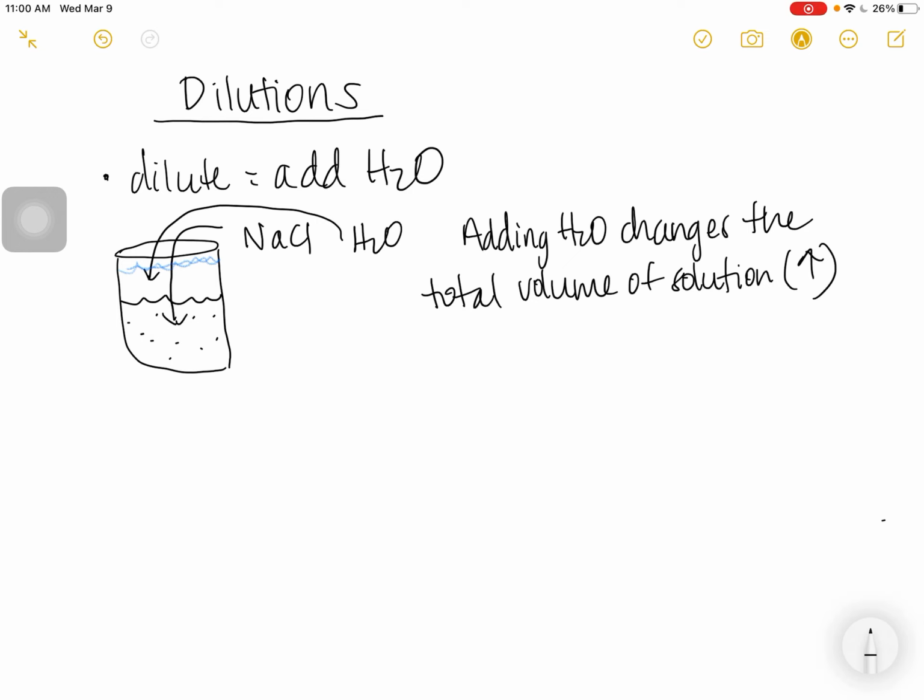So of course the volume of the solution increased and the molarity of the solution decreases, right? Because there's more water. Okay. What doesn't change though are the moles of NaCl.